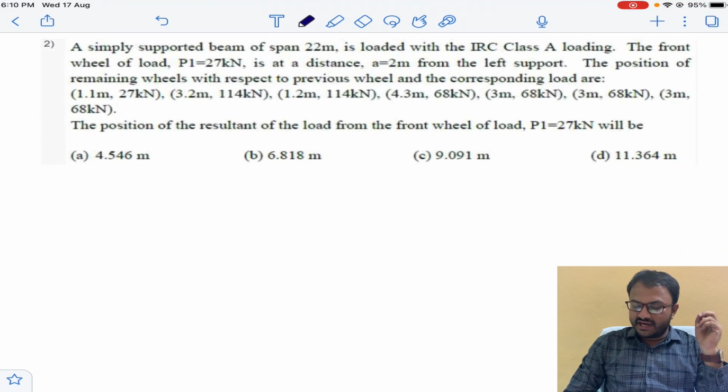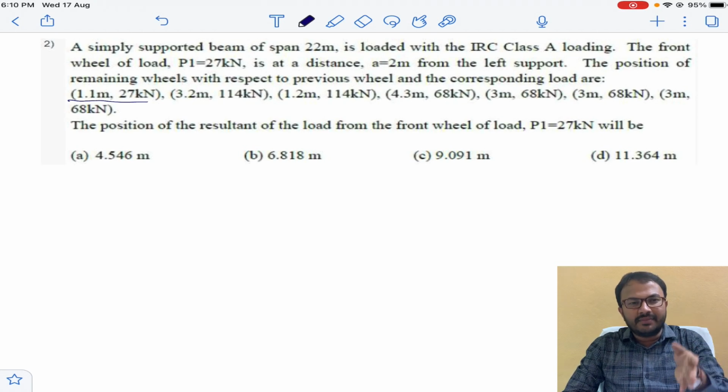A simply supported beam of span 22 meters is loaded with IRC class A loading. The front wheel load P1 equal to 27 kilonewton is at a distance 2 meters from the left support. The position of the remaining wheel loads with respect to the previous wheel load and the corresponding loads are given. He has given the load and the distance between the previous wheel load and the present load.